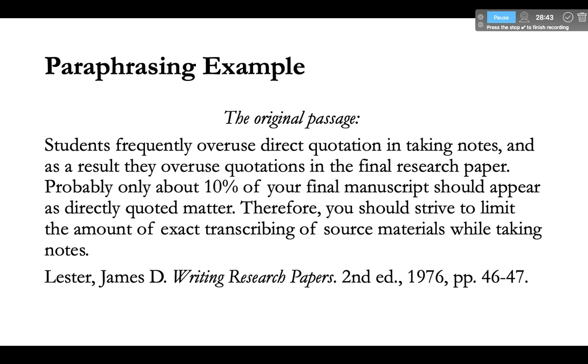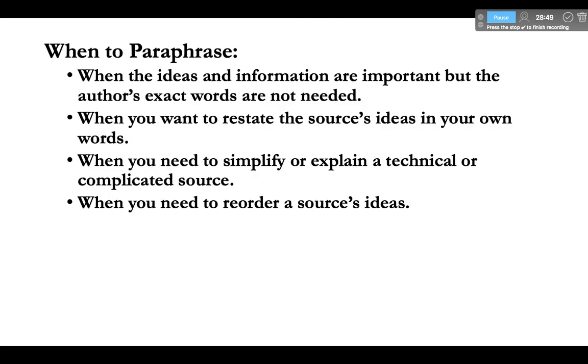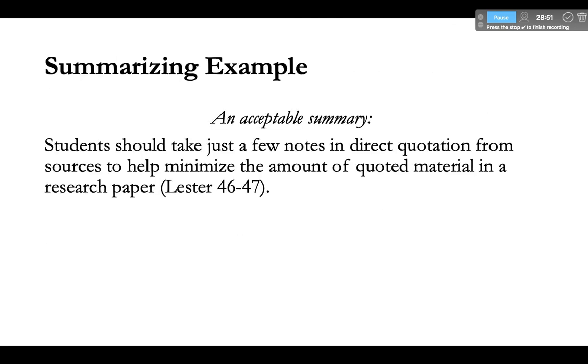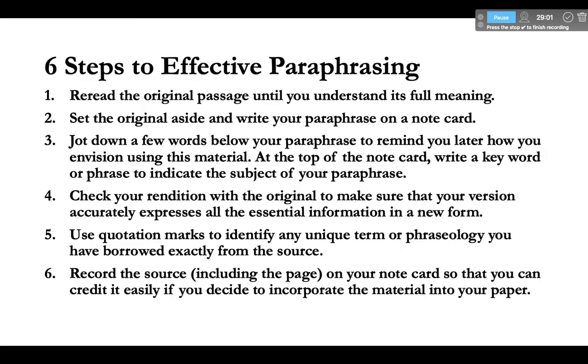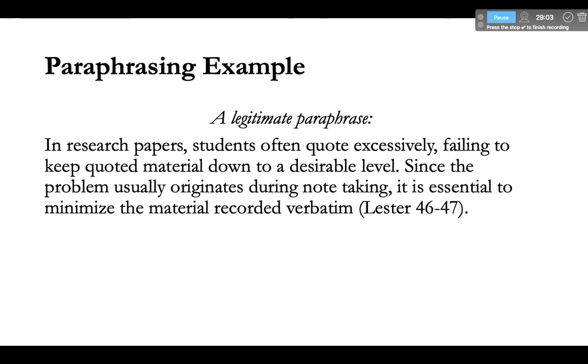So it's very different, paraphrasing and summarizing. We can compare the summary: Students should take just a few notes in direct quotation from sources to help minimize the amount of quoted material in a research paper. And then the paraphrased version has a lot more detail in it, okay? But it's still your own words.